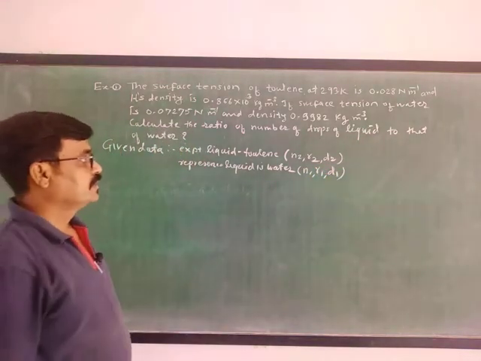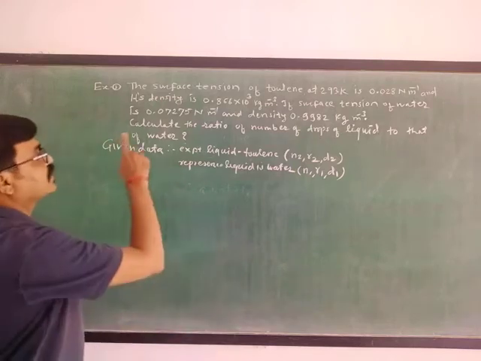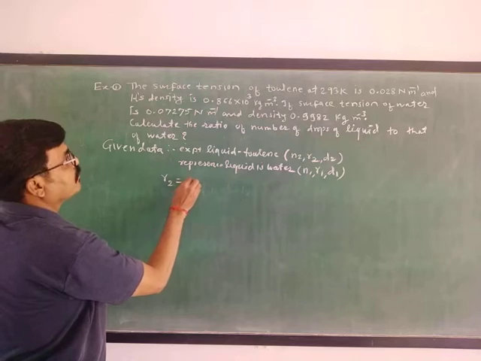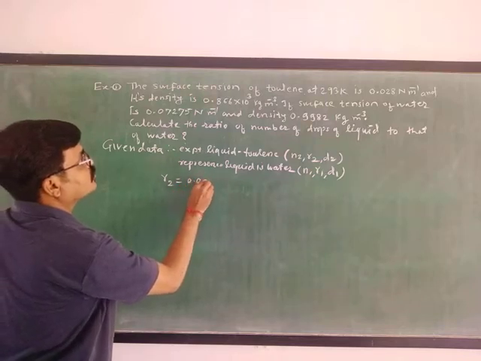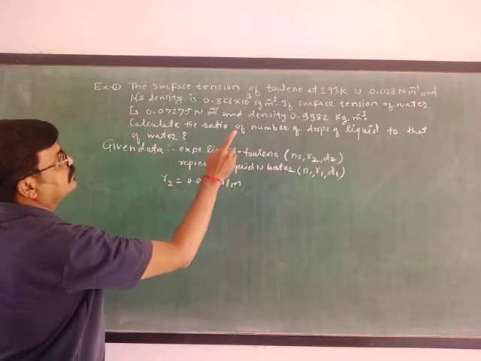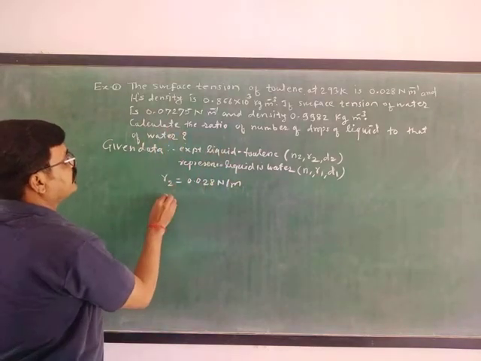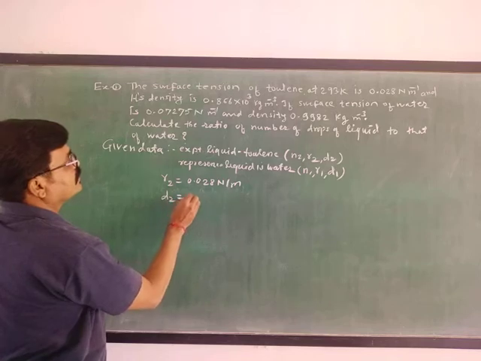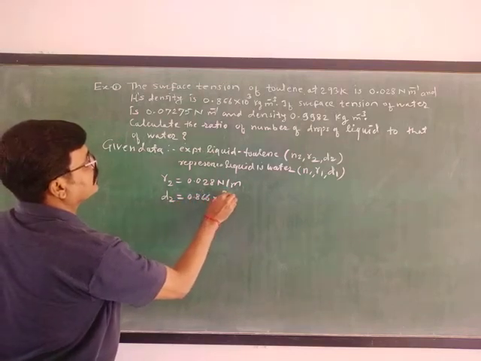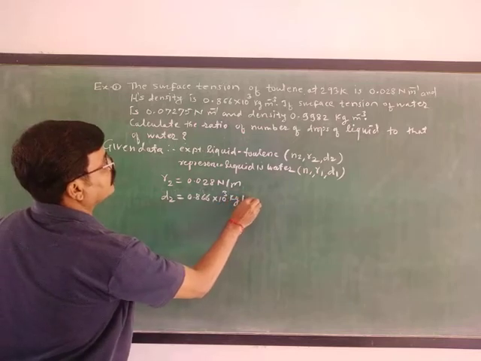Now the surface tension of toluene, gamma 2, is 0.028 Newton per meter, and density D2 is 0.866 into 10 raised to power 3 kg per meter cube.